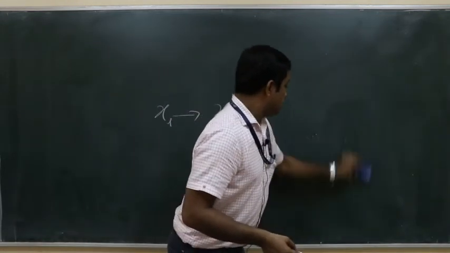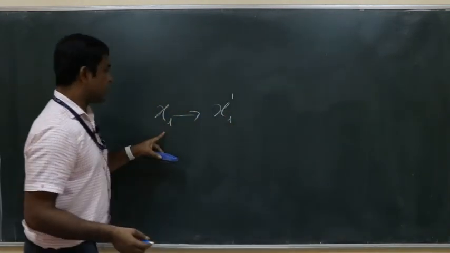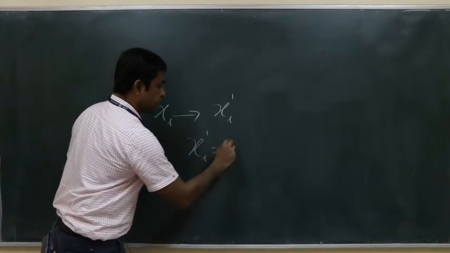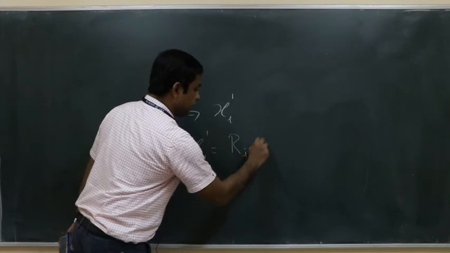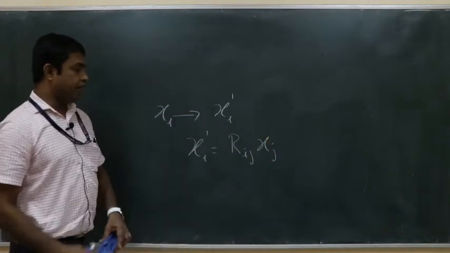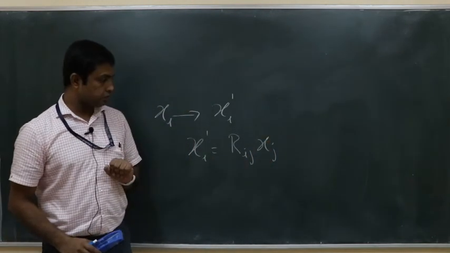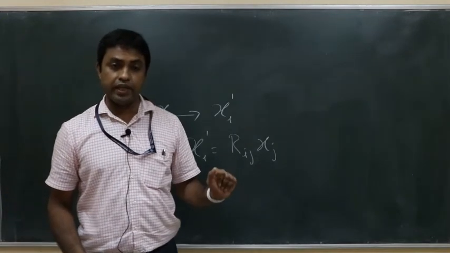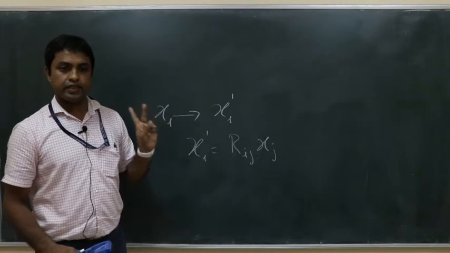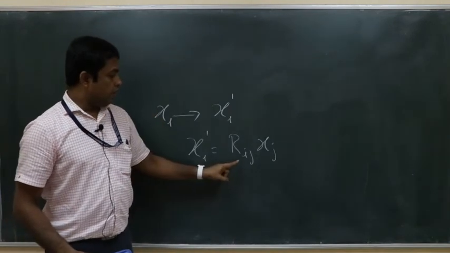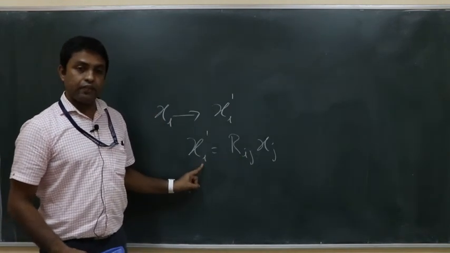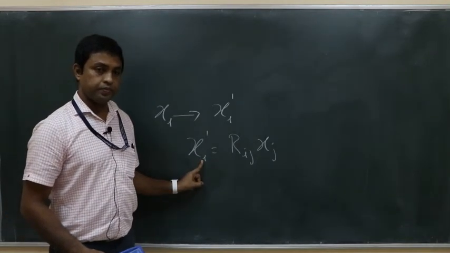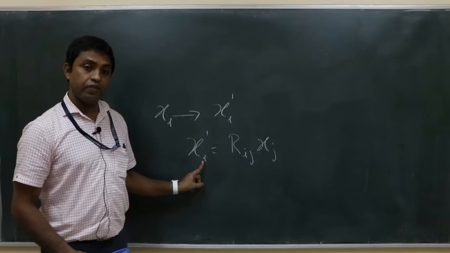So xi goes to xi prime. Basically xi prime, I can write as Rij xj. When I write down this equation, what is Rij? Rij is basically a tensor of rank 2. You can see in the left hand side, there is one index i, which is a free index.